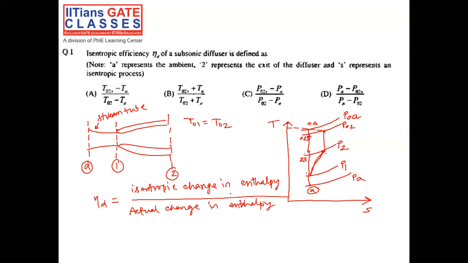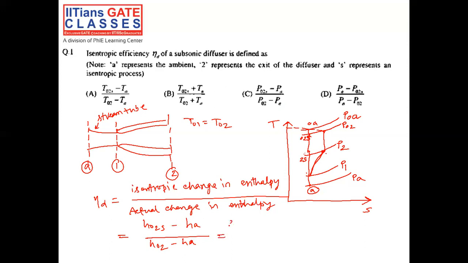So the isentropic change in enthalpy across the diffuser is HO2S minus HA, right? And the actual process is HO2 minus HA.